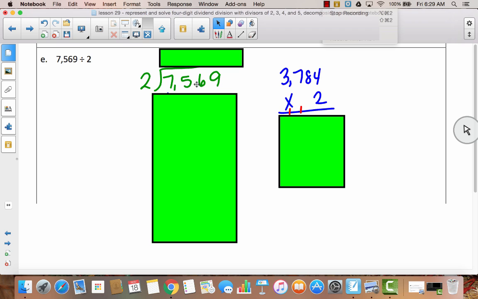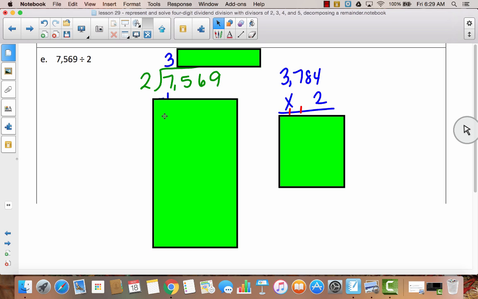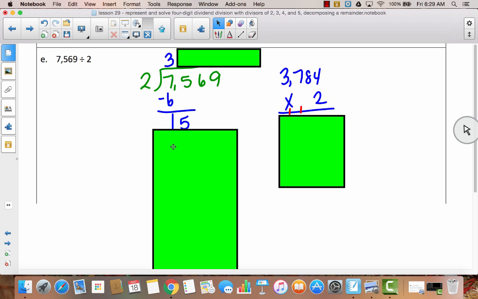Okay, so let's start with our 7 thousands. 7 thousands divided by 2 is 3. Then I multiply 3 times 2. That gives me 6. When I subtract, I'm left with 1,000 left over, and I add that to my 5 hundreds. So now I start over. 15 hundreds divided by 2. That would be 7. 7 times 2 is 14.